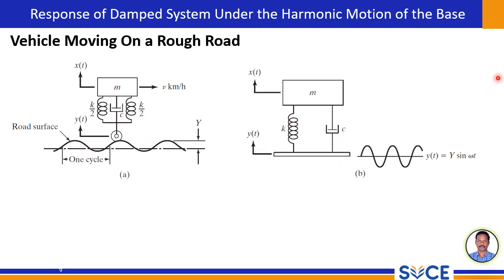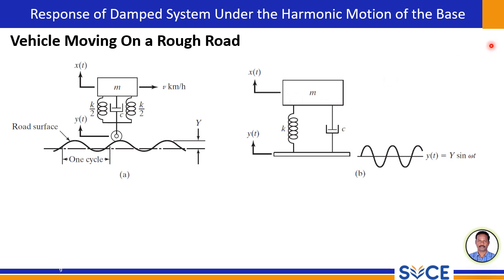The road surface variation is represented by a sinusoidal wave. This indicates that the road surface is varying harmonically with an amplitude Y and an angular frequency omega. Again, x of t represents the vertical displacement of the vehicle mass. Y of t represents the vertical displacement of the road surface.